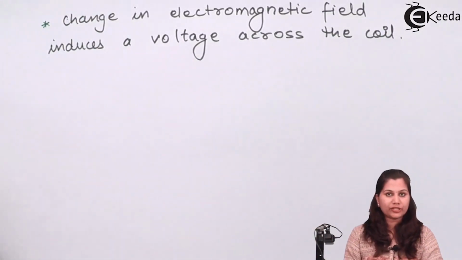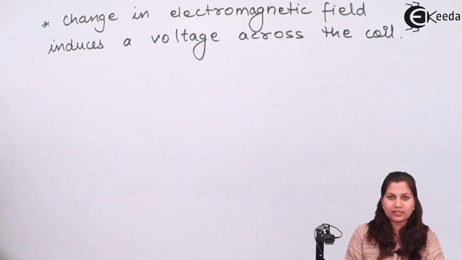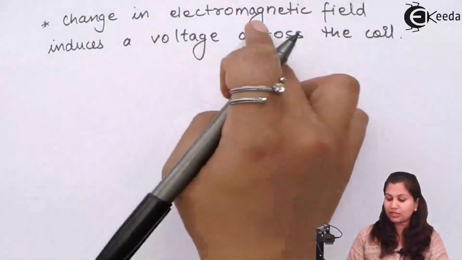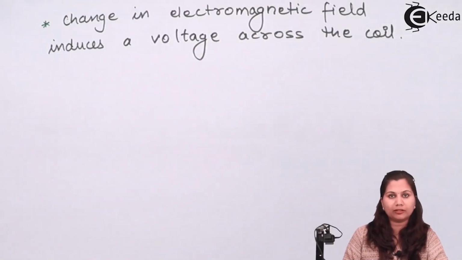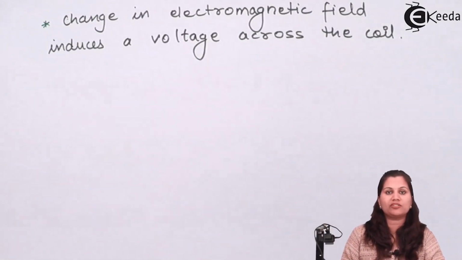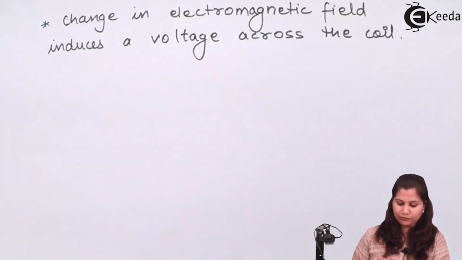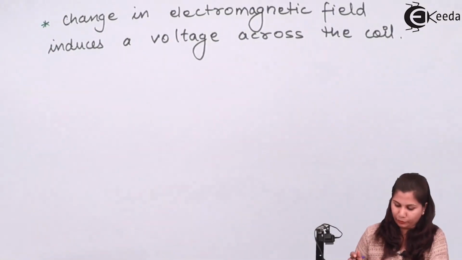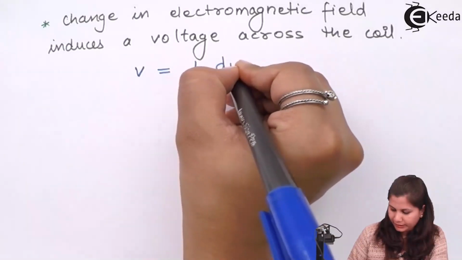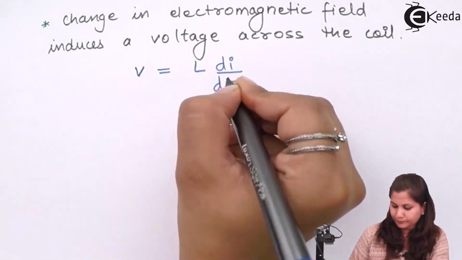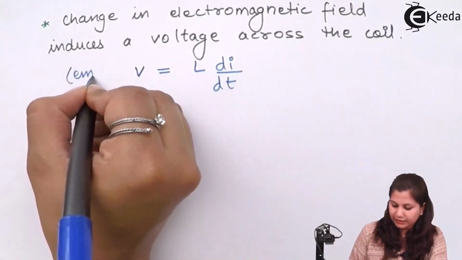As the current changes its direction, the magnetic field also changes its direction, and this change in the electromagnetic field induces an EMF, or a voltage, in the coil. The magnitude of this voltage is given by the equation V equals L di by dt.